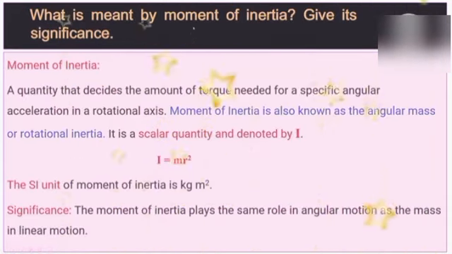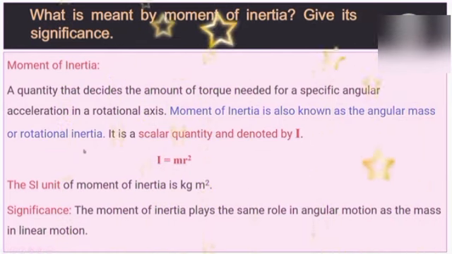What is meant by moment of inertia? Give its significance. A quantity that decides the amount of torque needed for a specific angular acceleration in a rotational axis is called moment of inertia. Moment of inertia is also known as the angular mass or rotational inertia. यानी इसके दो नाम ये भी हैं, ये भी याद रखिएगा.